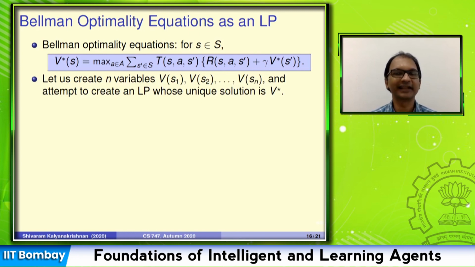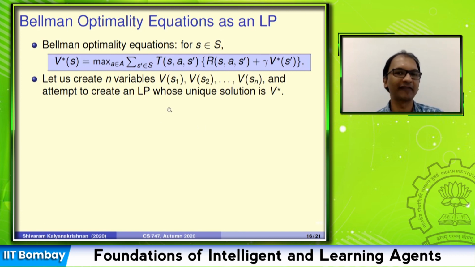So the first thing we have to do is decide what our variables are going to be. It was x1 and x2 in our examples, but if we want to do this for our MDP, what are our variables going to be? Looking at the Bellman optimality equations, the most natural choice of variables is to have one value for each state.